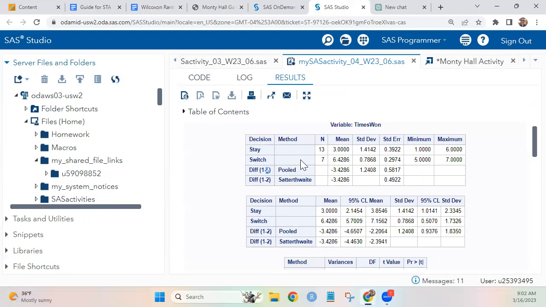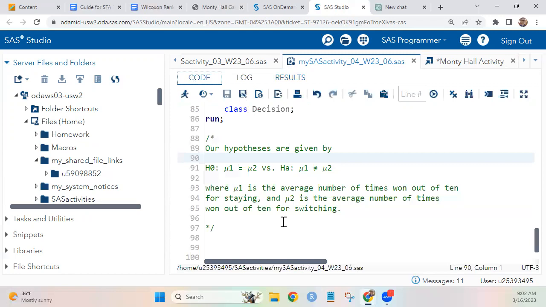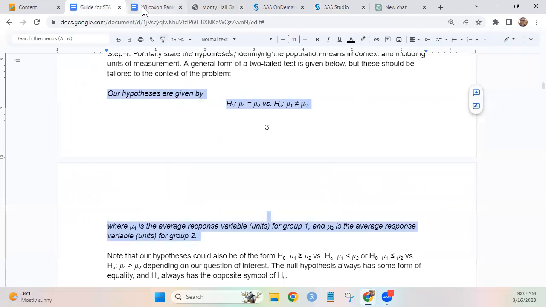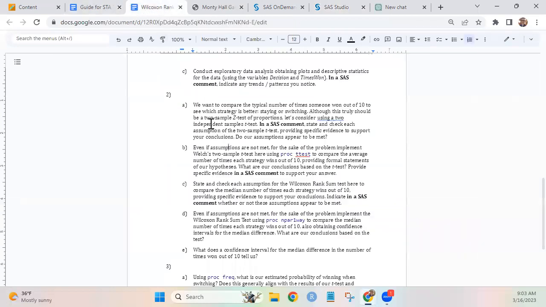In terms of its average, which we can see from here too. All right, so that's our hypotheses. I asked for a lot here, very demanding. So, okay, also conclusions.